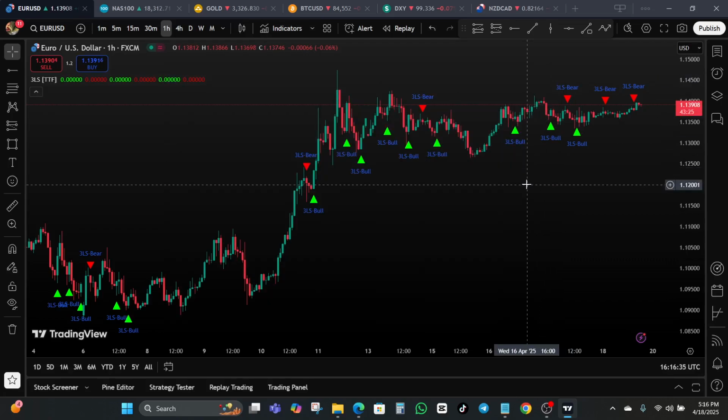Now, this strategy has been a favorite among traders due to its ability to highlight key market shifts with remarkable precision. The three-line strike indicator is based on the three-line strike pattern, which is a candlestick pattern that can signal potential reversals or trend continuations.